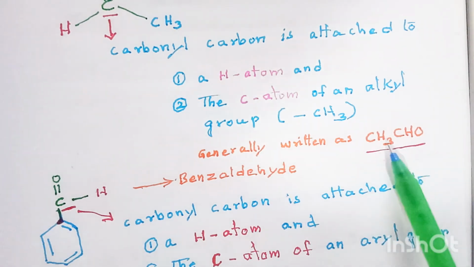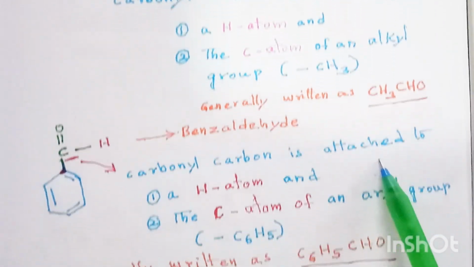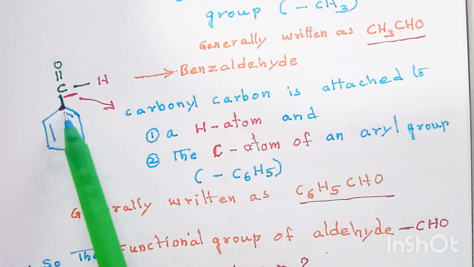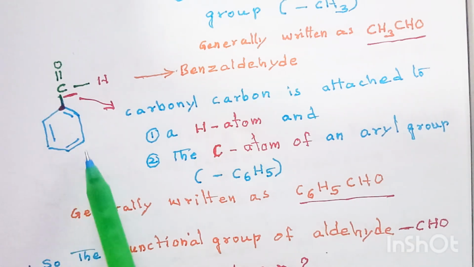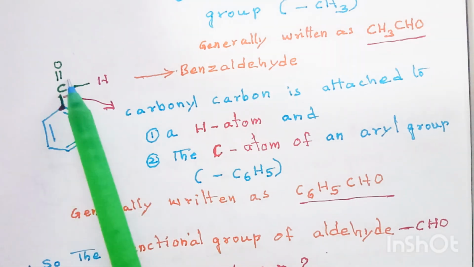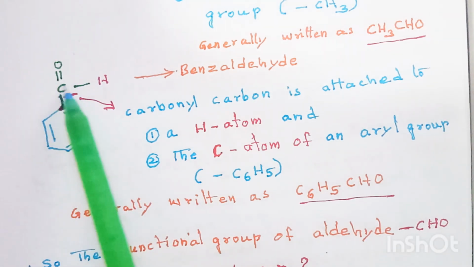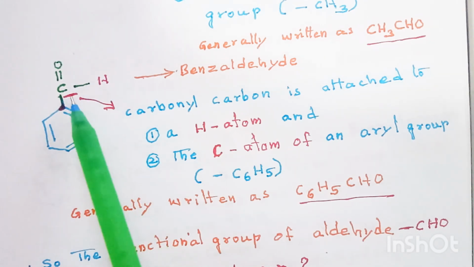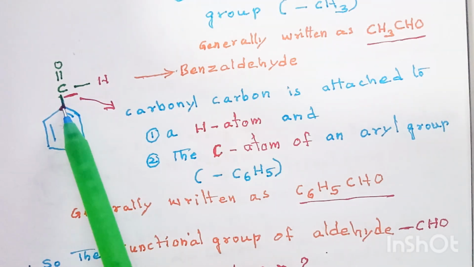This is acetaldehyde. Now let us see benzaldehyde. C6H5CHO. This C double bond O is the carbonyl carbon. This is attached to a hydrogen atom here and a carbon atom on the benzene ring.